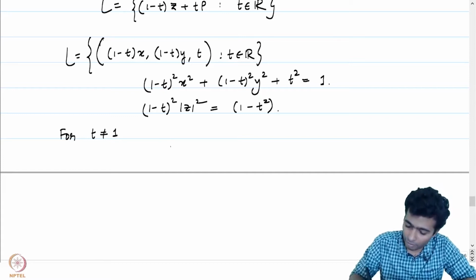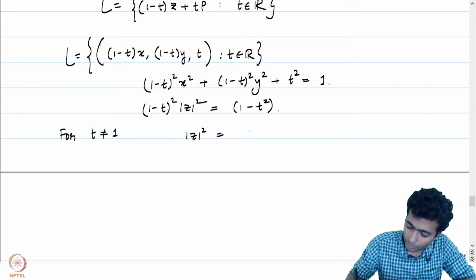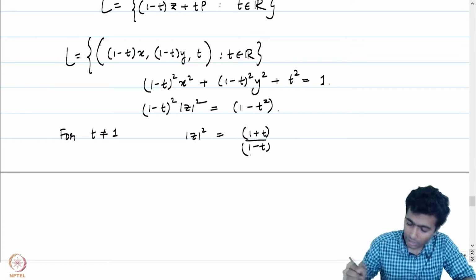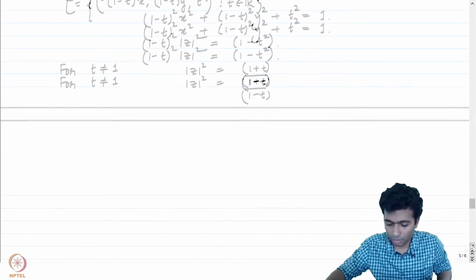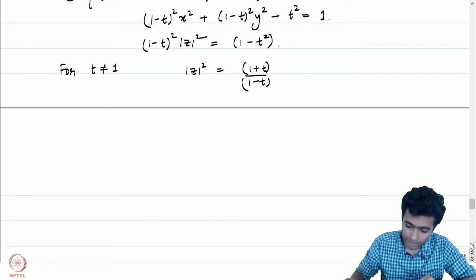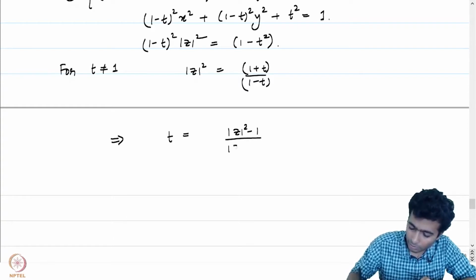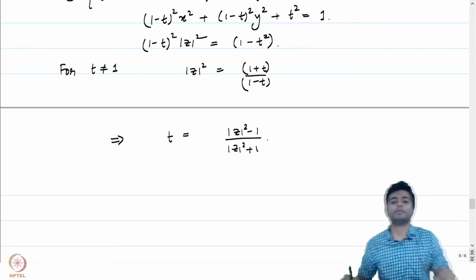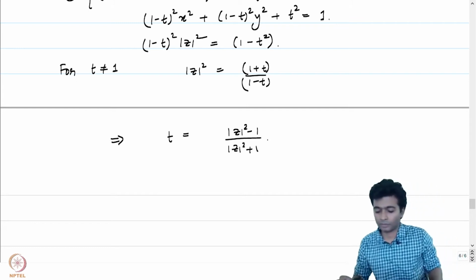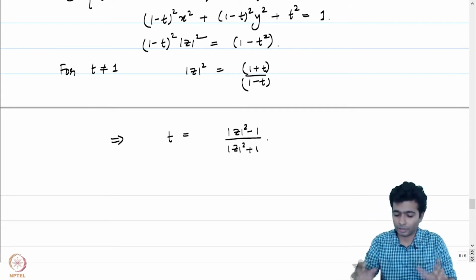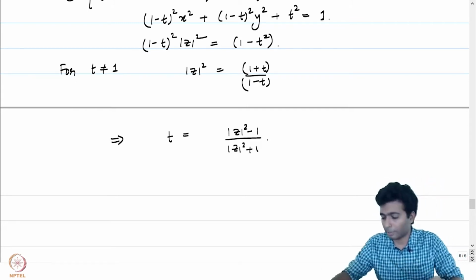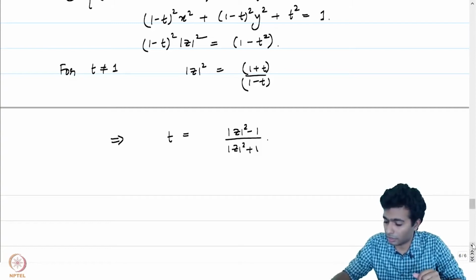we have mod z square is equal to (1 plus t) by (1 minus t), and you can get hold of t from here, which gives t is equal to (mod z square minus 1) by (mod z square plus 1). So this is precisely the parameter t at which it touches the unit sphere.